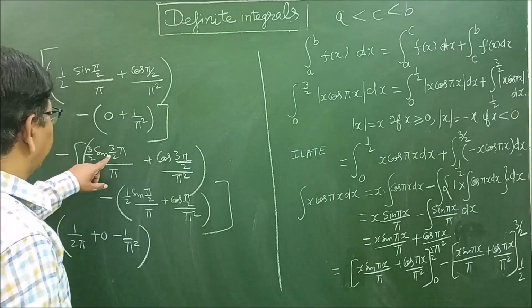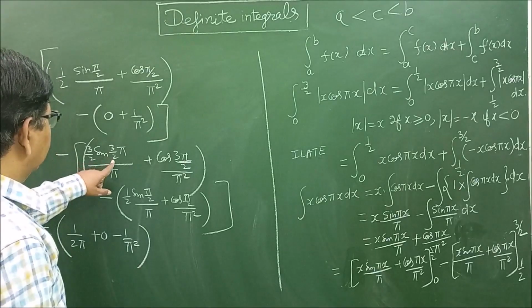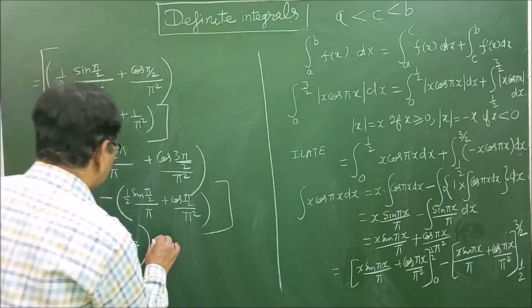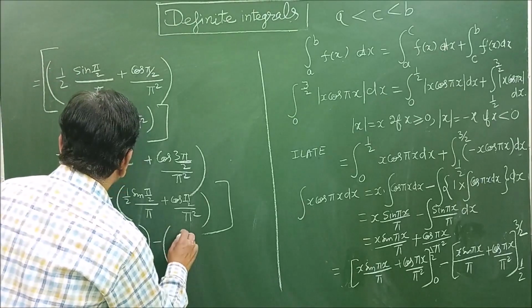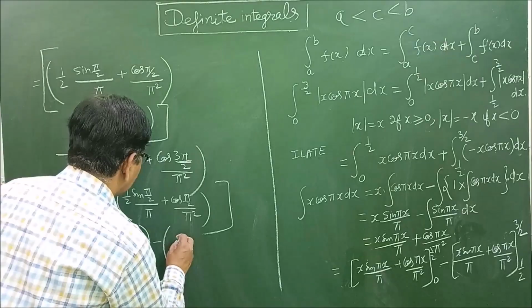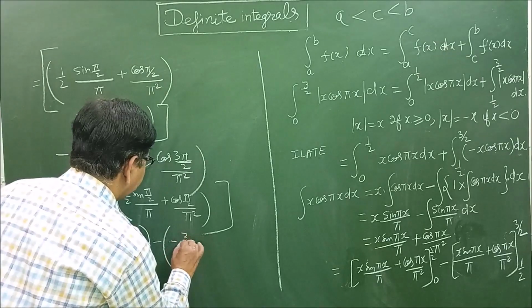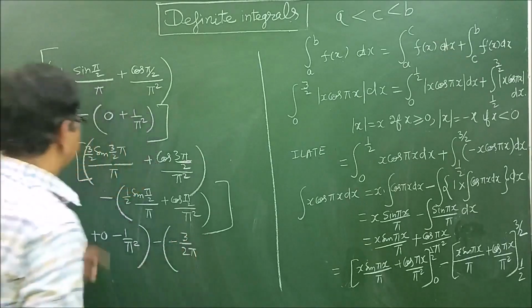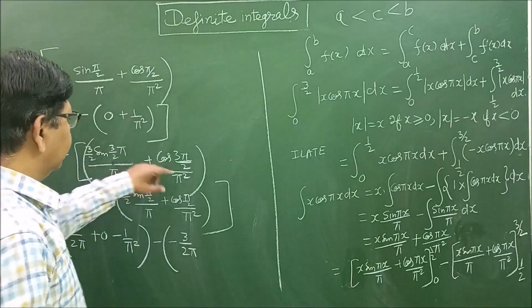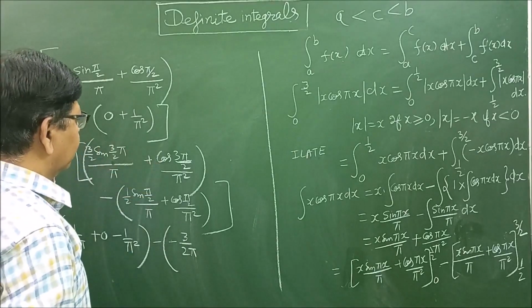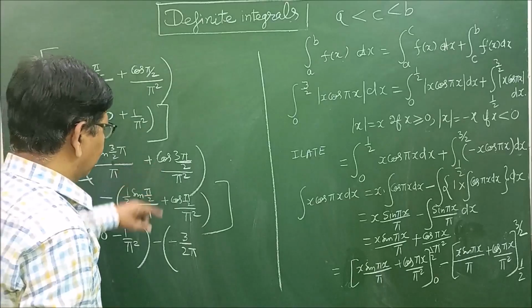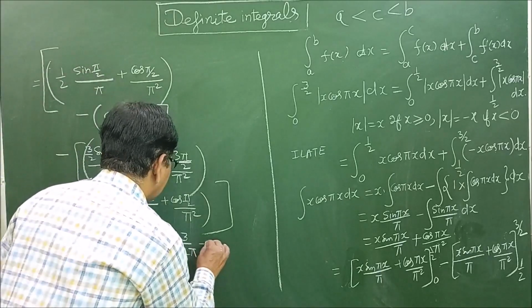Here sin 3 pi by 2 means minus 1, so minus 3 by 2 pi, and cos 3 pi by 2 is equal to cos 270, which is 0, so plus 0.